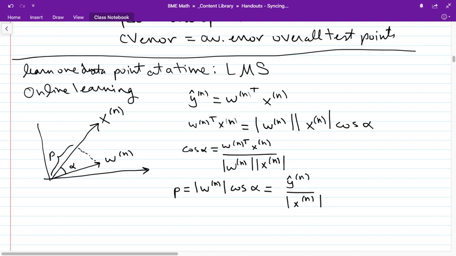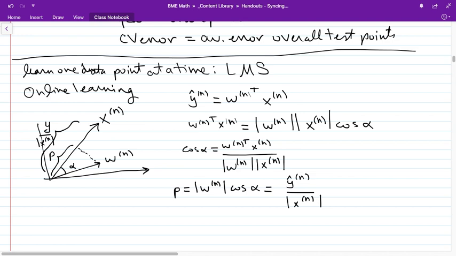Now what I want is something that is proportional to actual y. So the data that I actually want is not y hat, it's y. Let's say this is y. So instead of my projection onto x giving me p, I wish that it had given me this length, that is y divided by the magnitude of x of n.